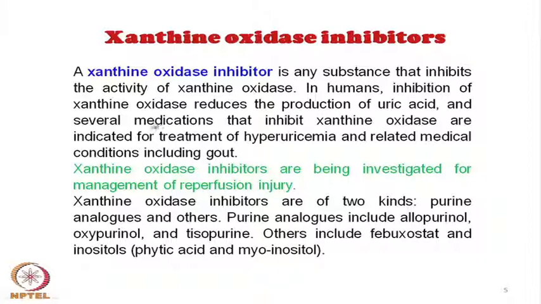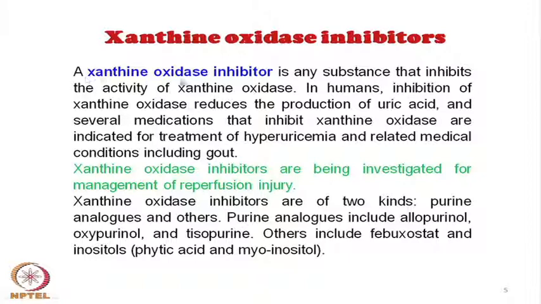In our body, it reduces the corresponding production of uric acid, and other medications that also inhibit xanthine oxidase are indicated for treatment of hyperuricemia and related medical conditions including gout. So, in gout as well as hyperuricemia, the concentration of uric acid in urine is much more compared to the standard level.